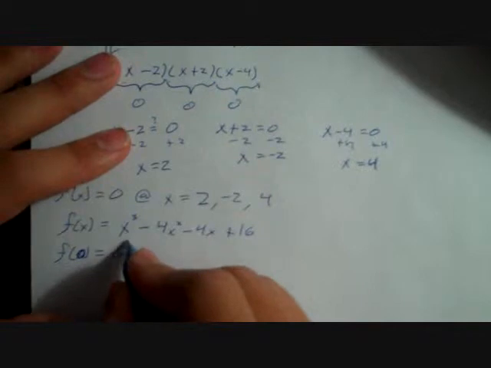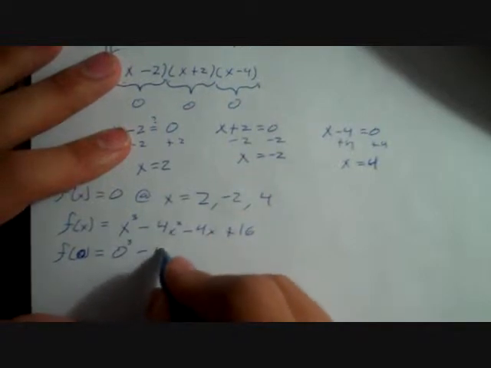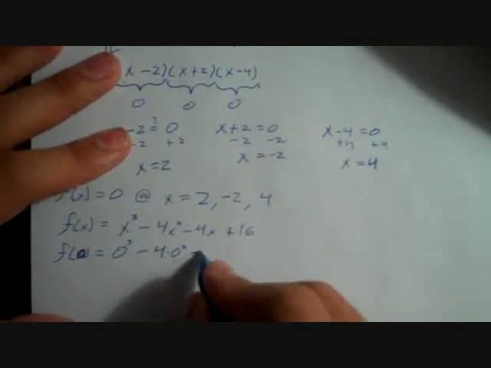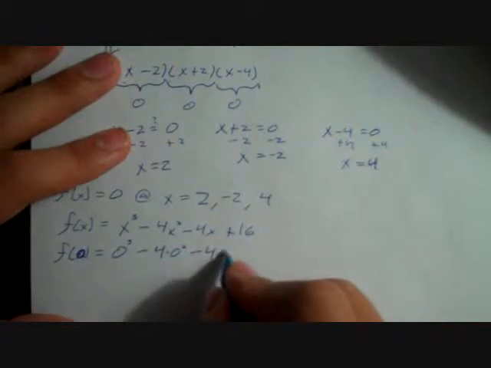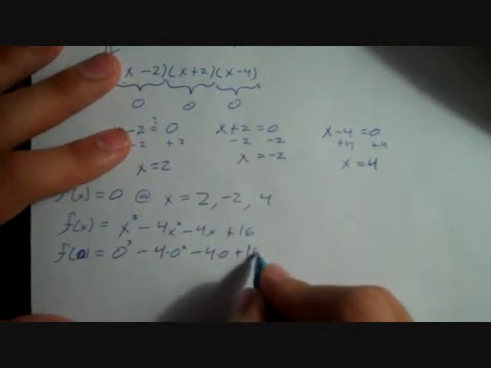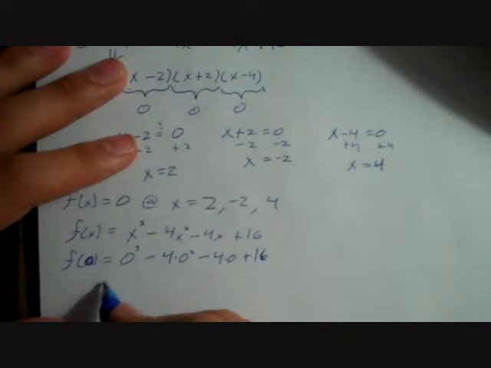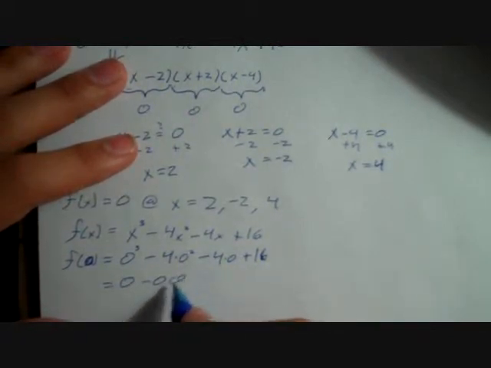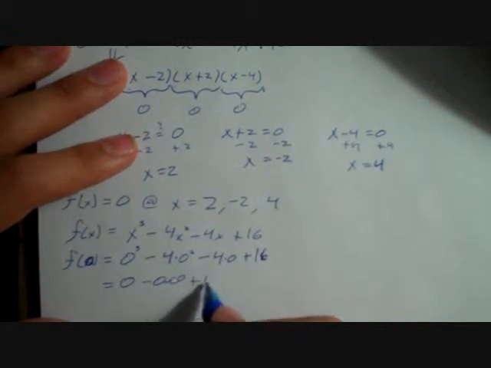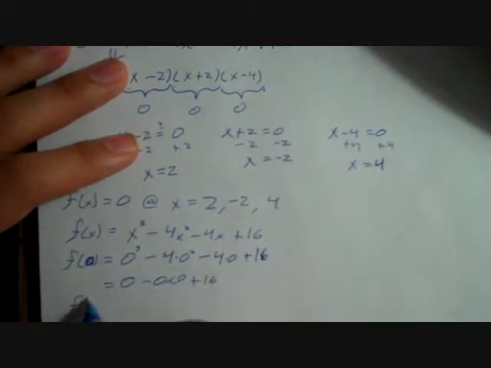So that would be 0 cubed minus 4 times 0 squared, minus 4 times 0, plus 16. Well, 0 cubed is 0, minus 0, minus 0, plus 16. So our function evaluated at x equals 0 equals 16.